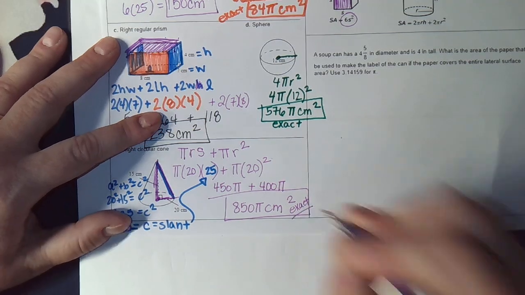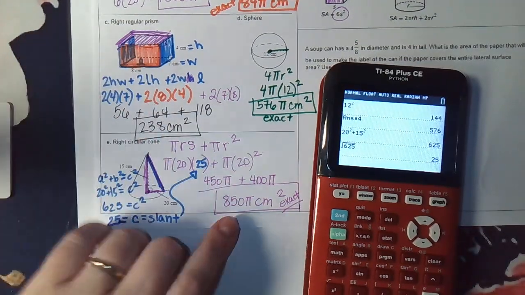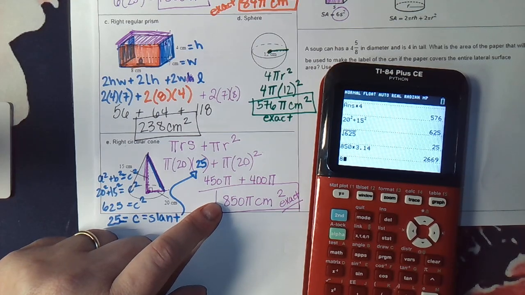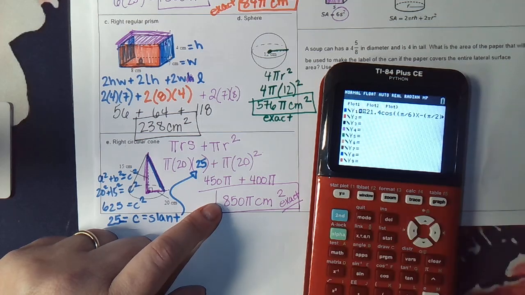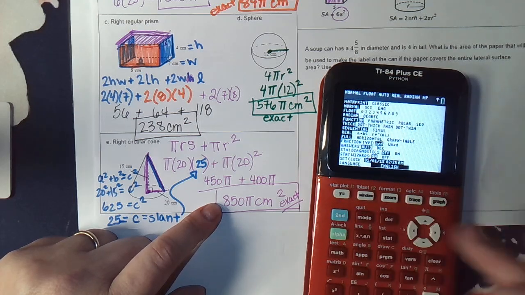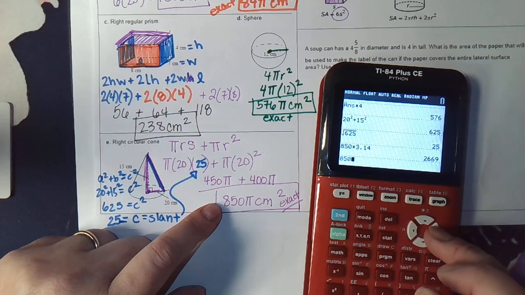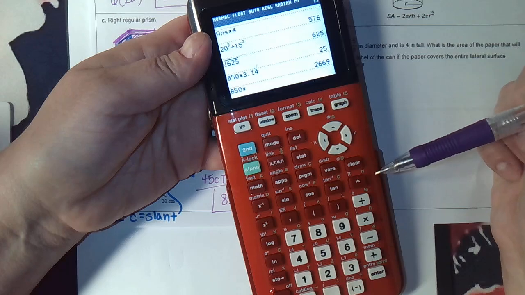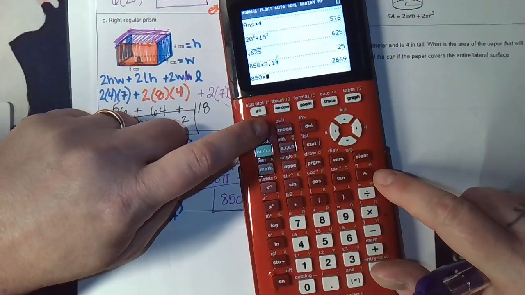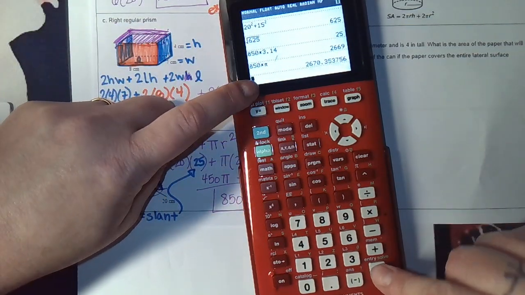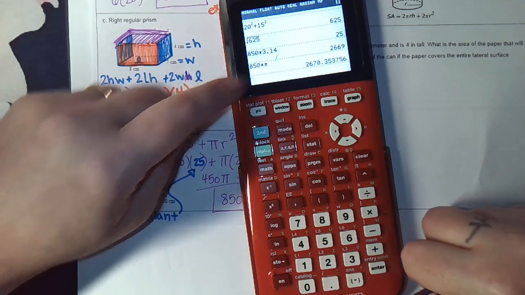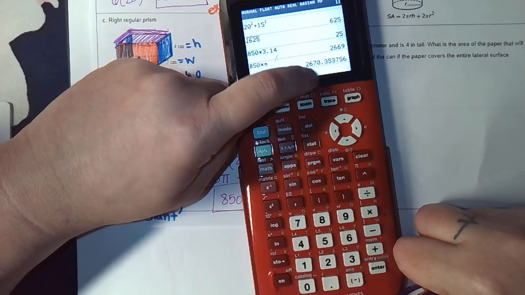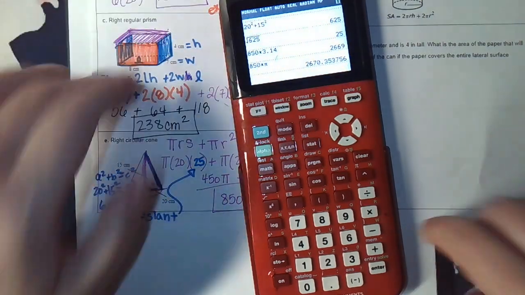If you want the decimal version, you can say 850 times 3.14. Or if you have a special button in your calculator, like I do, the second caret, you see it? Second caret, you can type that in. Either way, we get 2669 or 2670.